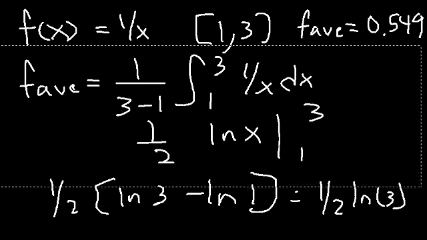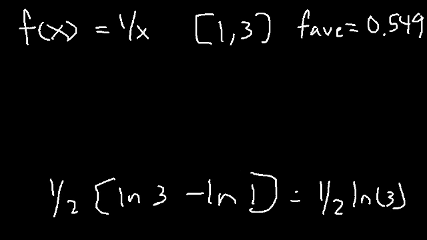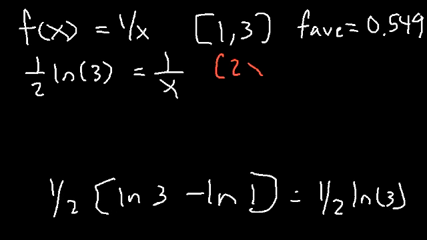Now let's calculate the c value. So let's replace f of x with 1/2 ln 3. So solving for x, let's multiply both sides by 2x. On the left side, the 2's will cancel.